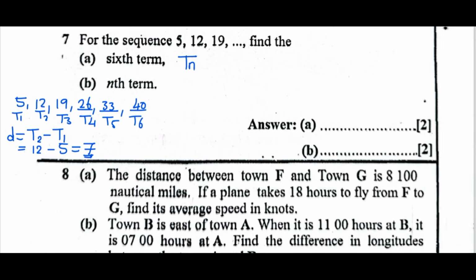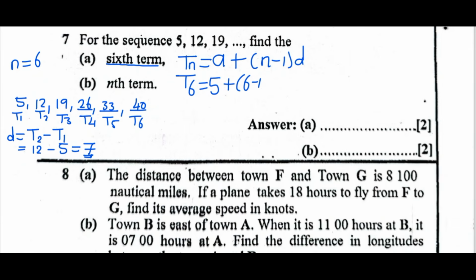So this is Tn is equal to a plus n minus 1 times common difference. So Tn, since we are told 6th term, this means that n is equal to 6.